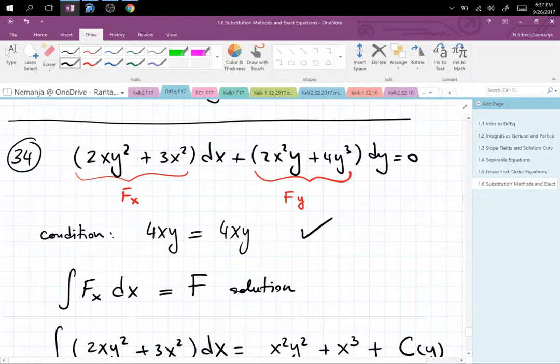Because, guys, sometimes it's not going to be pleasant or easy or possible to integrate f_x with respect to x. But the other one might be like this. It might be a basic integral on f_x and partial fraction decomposition on f_y. You pick which one is easier to integrate, and you do that integral.